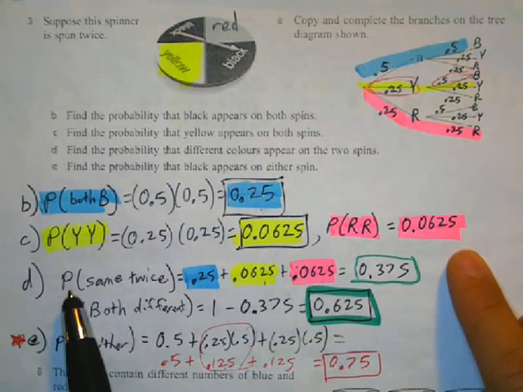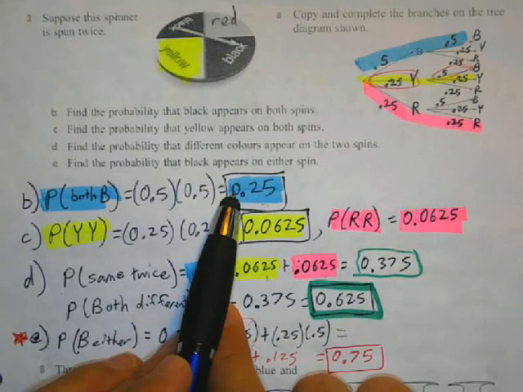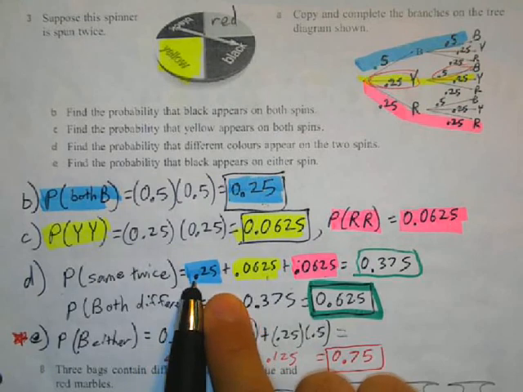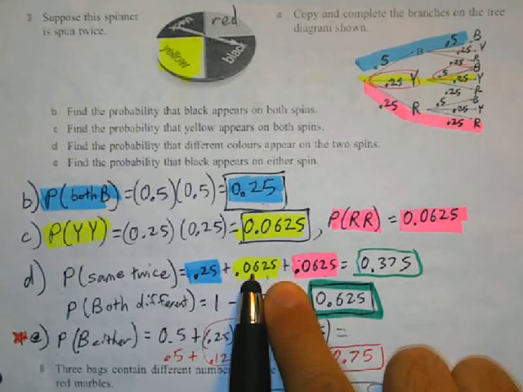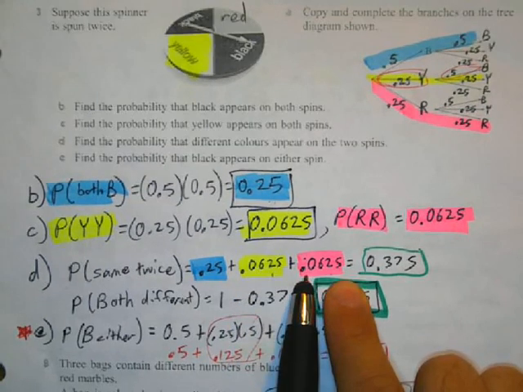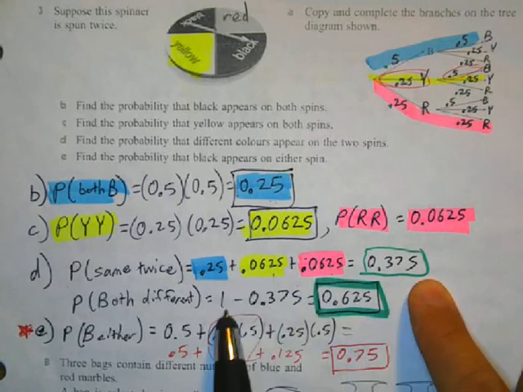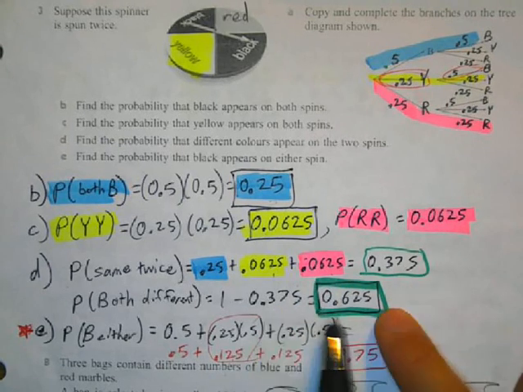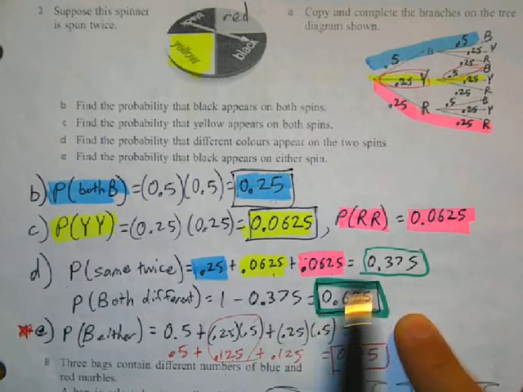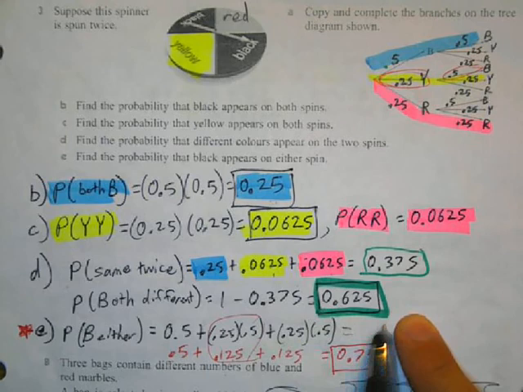Now, if I add these together, getting black twice, getting yellow twice, getting red twice, the probability of getting the same color twice is this. If I do 1 minus that value, that's the probability of getting different colors each time. You may want to hit pause and think about that for a second.